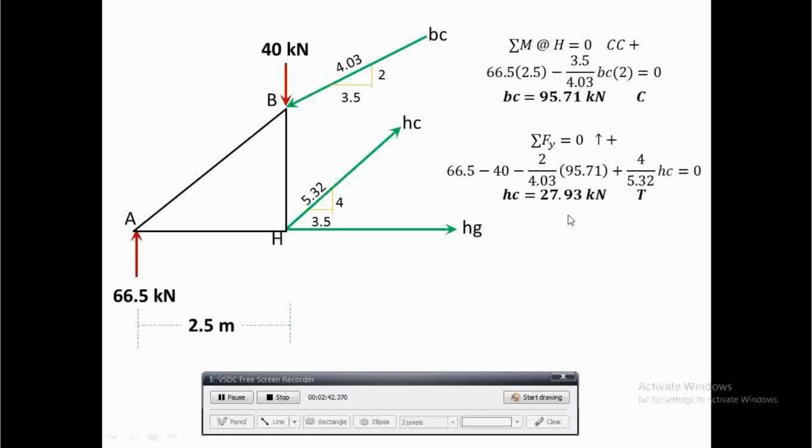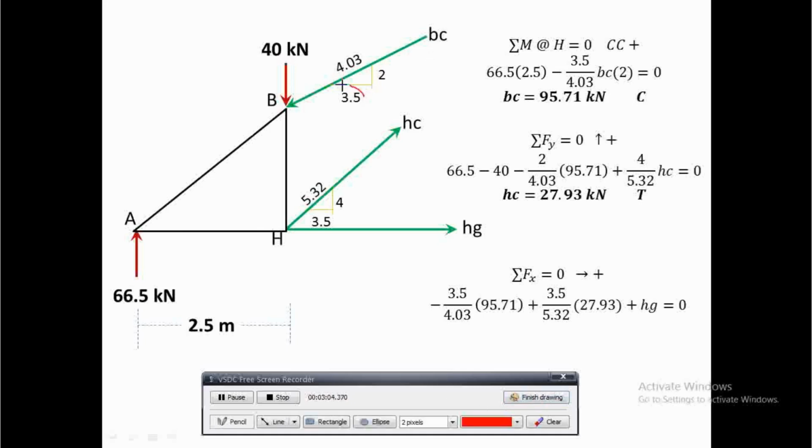Next, I've used summation of moments and summation of forces along the y-axis. Now I will use summation of forces along the x-axis. To the right is positive. HG is to the right, so positive. To the left is the horizontal component of BC, which is 3.5 over the hypotenuse multiplied by BC, and my BC is 95.71.